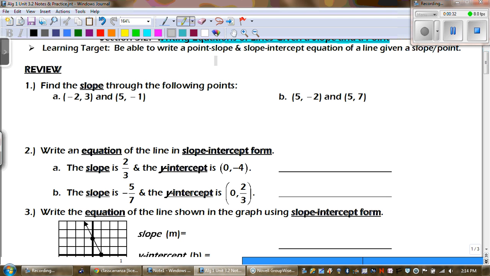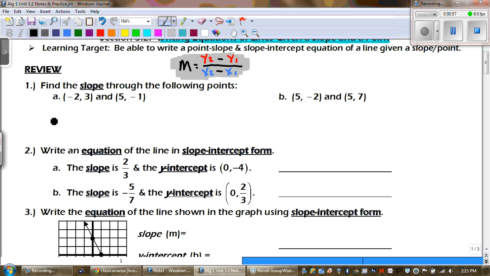Now, the first part says to find the slope given the 2 points. And remember, when you do slope, you always put the subtraction sign down right away. We have y2 minus y1 over x2 minus x1.